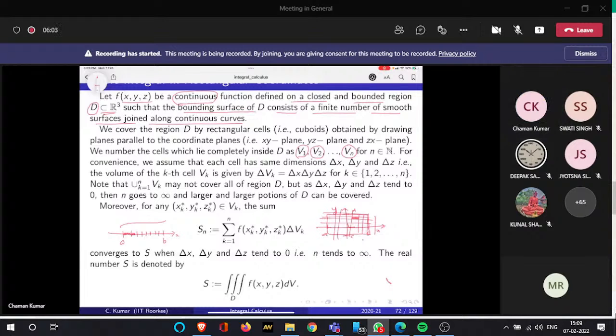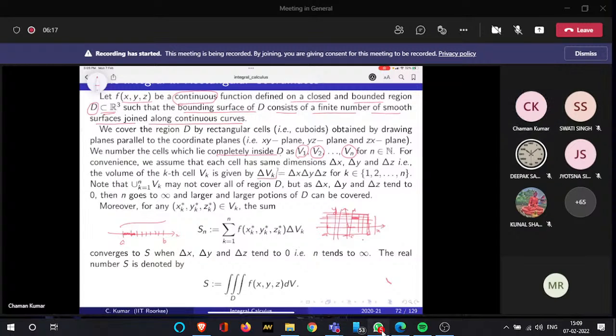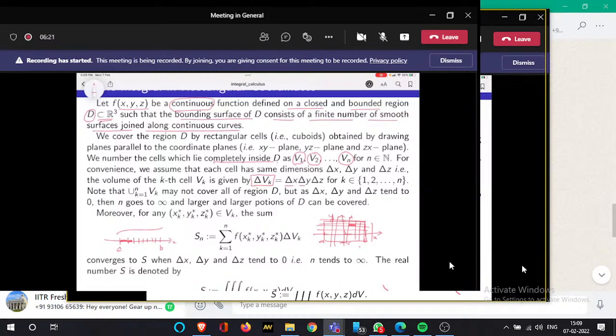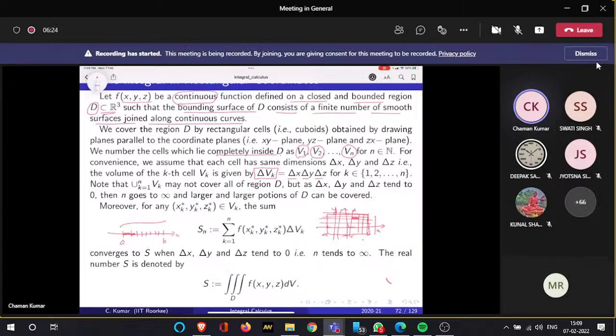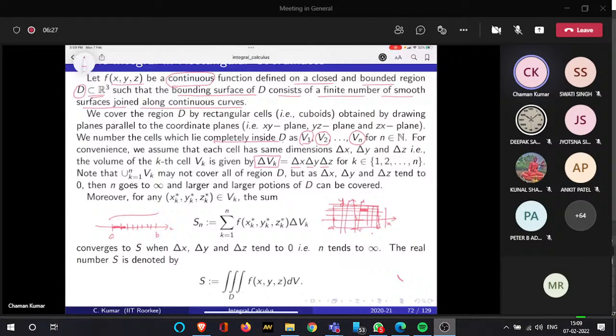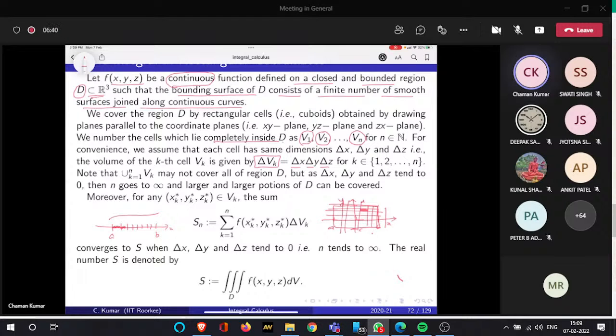So there are n rectangular cells which lie completely inside the domain D. That means the volume of this rectangular cell will be delta x, delta y, delta z, where delta x is the length of the partition on the x-axis, delta y is the length of the partition on the y-axis, and delta z is the length of the partition on the z-axis.